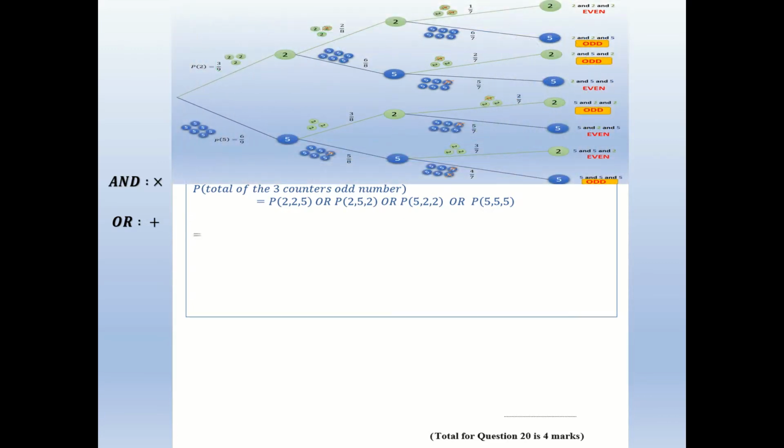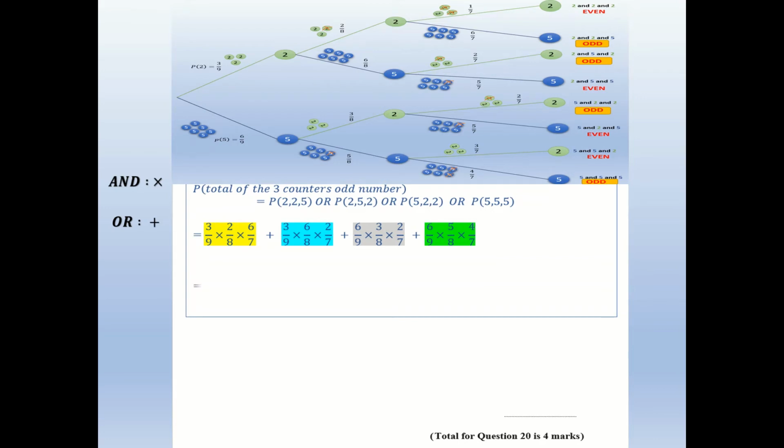So 3 out of 9 times 2 out of 8 times 6 out of 7, plus 3 out of 9 times 6 out of 8 times 2 out of 7, plus 6 out of 9 times 3 out of 8 times 2 out of 7, plus 6 out of 9 times 5 out of 8 times 4 out of 7.